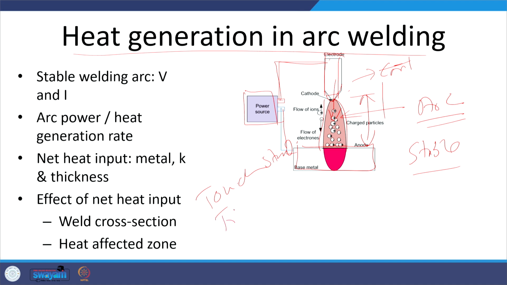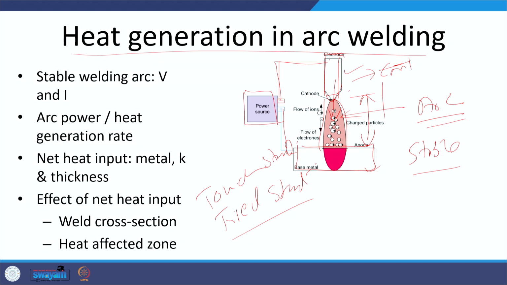So, a little short circuiting will be taking place and that will help in triggering the arc initiation. The second is the field start. In case of the field start, a strong electromagnetic field is established between the electrode and workpiece, and that helps in ionizing the gap, which in turn helps in establishing the welding arc.